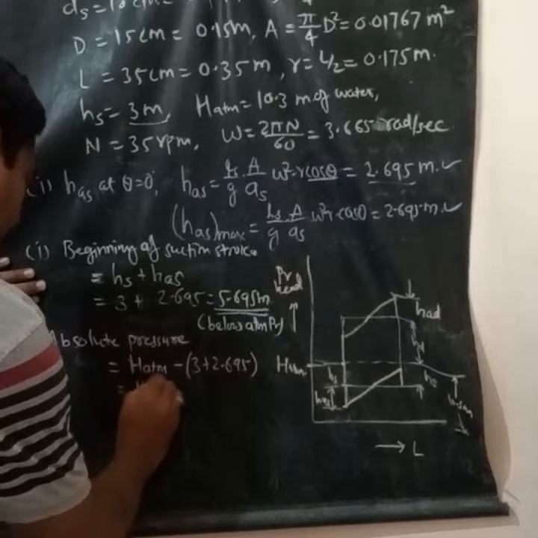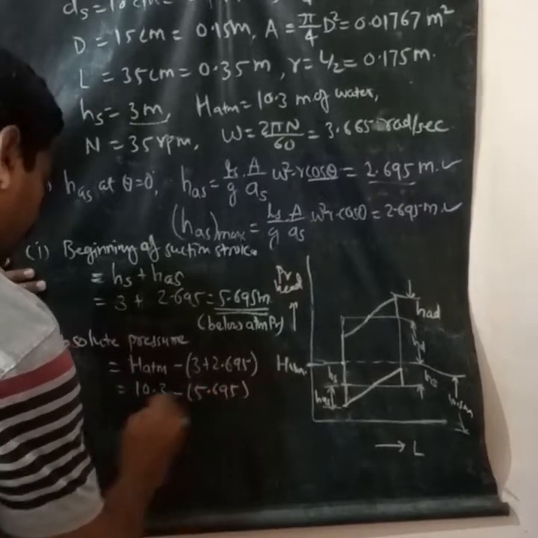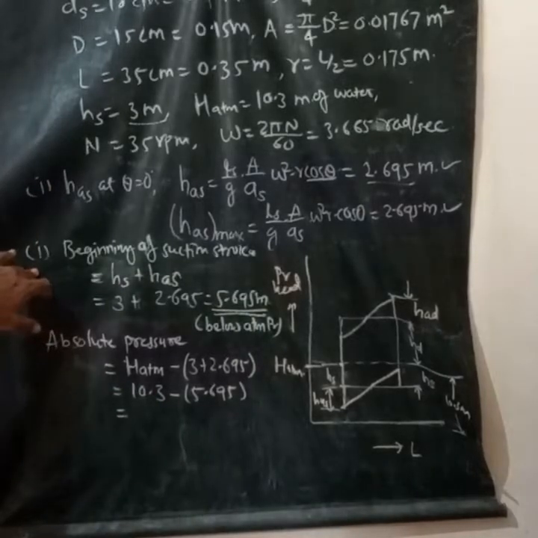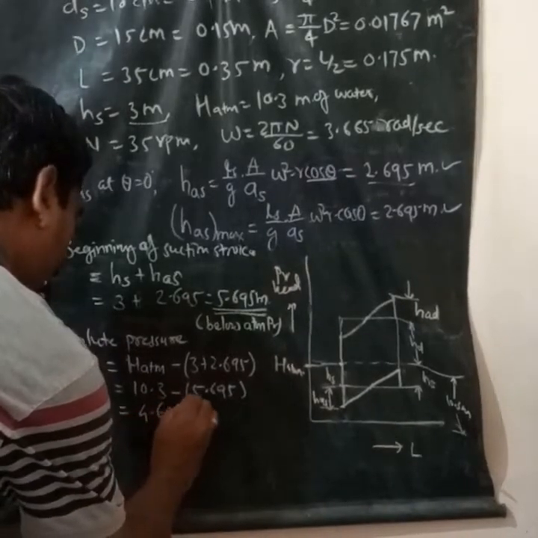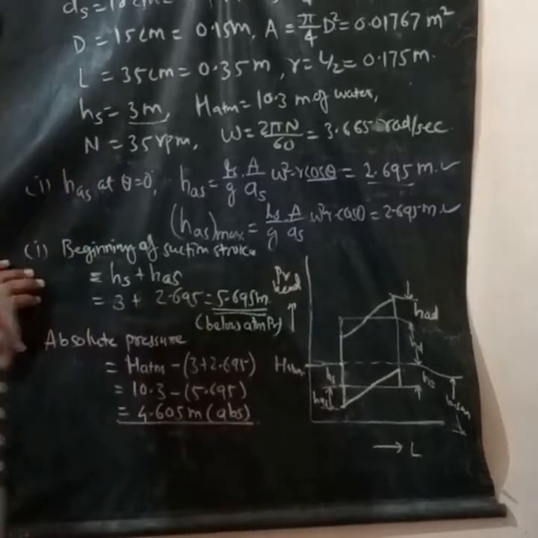That means 10.3 minus 5.695, and this is obtained as 4.605 meter in bracket ABS. This will be representing the absolute value.